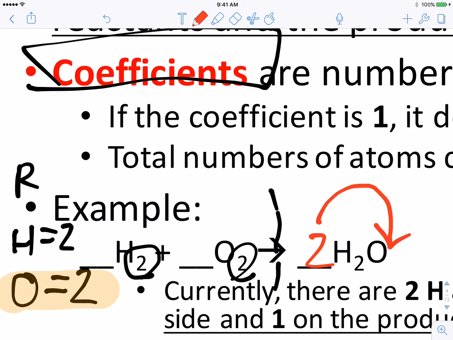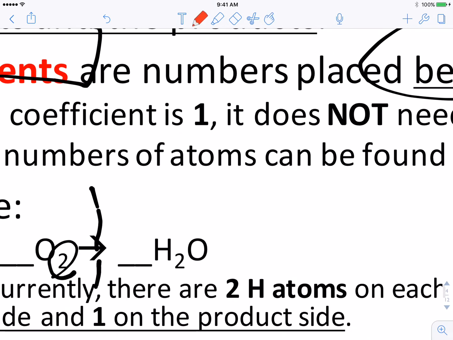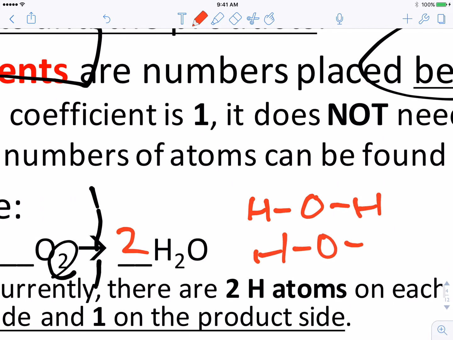So it makes 2 oxygens, but it also means that we now have 2 times 2 hydrogens, which is equal to 4. If you're having trouble visualizing this, let's draw this out. 2 H2Os, if we wrote that out, we would have H2O, H2O. So what this means is that we have 1, 2, 3, 4 hydrogens.